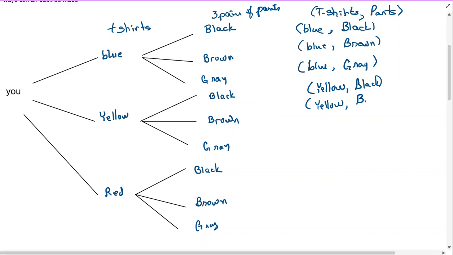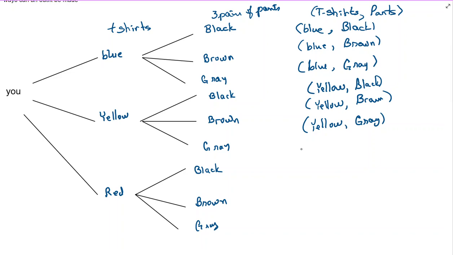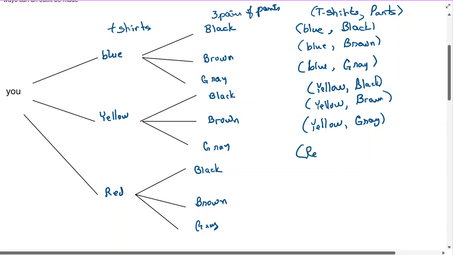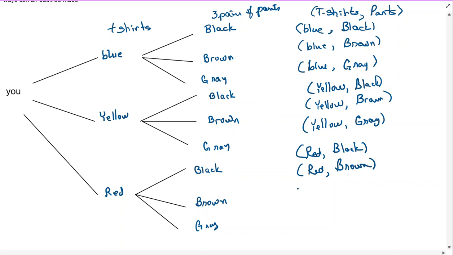Well, the last t-shirts were the red. The red t-shirt with the black pants. The red t-shirt with the brown pants. And the red t-shirt with the gray pants. All right. Well, how many different outfits can we have? Well, we have 1, 2, 3, 4, 5, 6, 7, 8, 9.